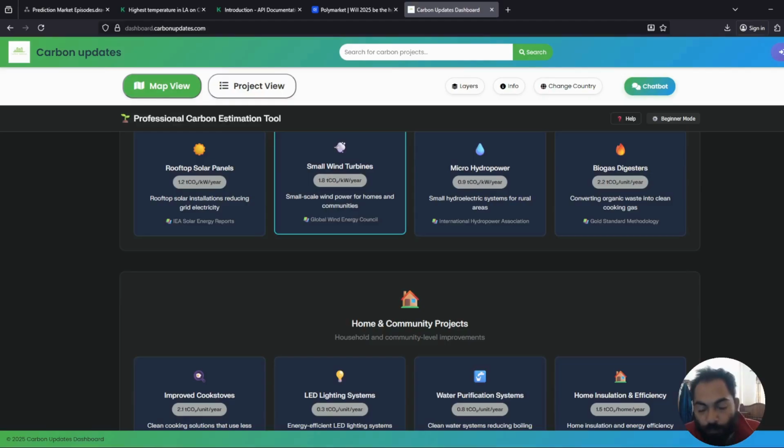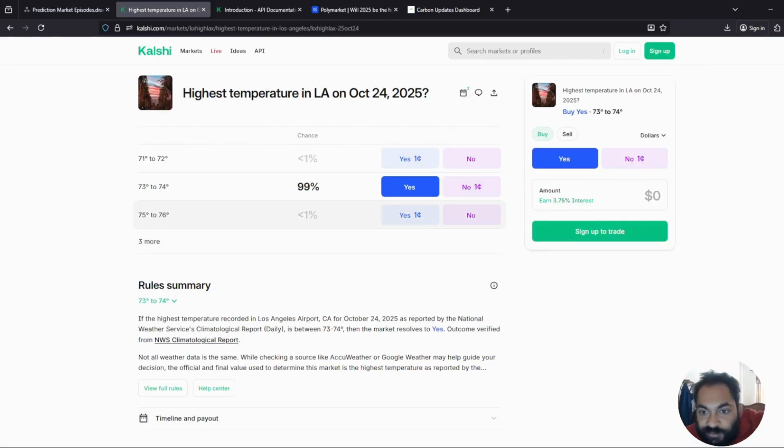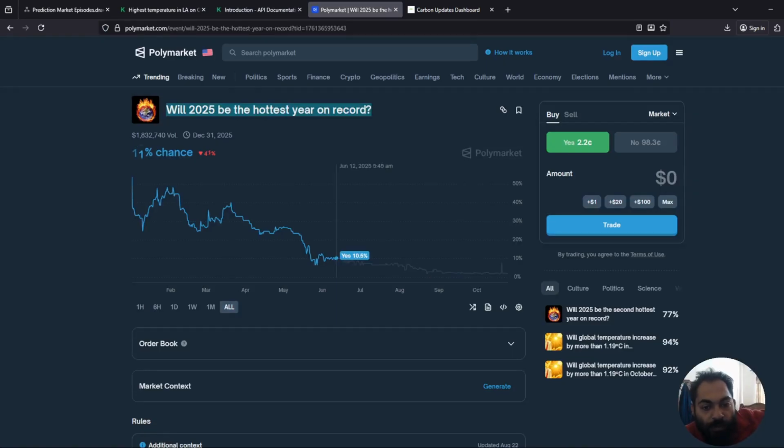There are, of course, traditional pricing mechanisms with which carbon credits are priced. But what I also want to do is take these prediction market indicators, which are really good surveys because people are putting their money into it. I'm taking these surveys and all this data and the volumes traded to see how much interest there is in a real commodity.